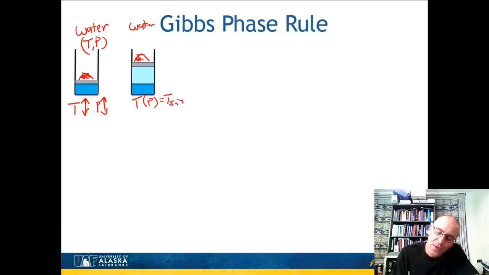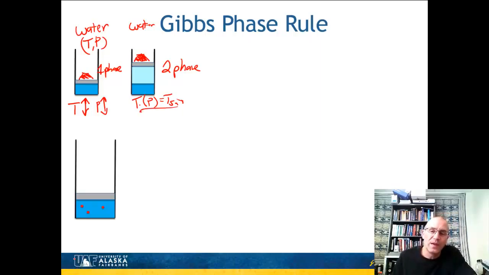And if I change the total pressure, put a weight on there, this temperature is going to change as well. And so no longer are T and P independent once I have two phases. I only had one phase over here. So as I increase the number of phases, I decrease the number of independent variables I have. Suddenly T and P were not independent.